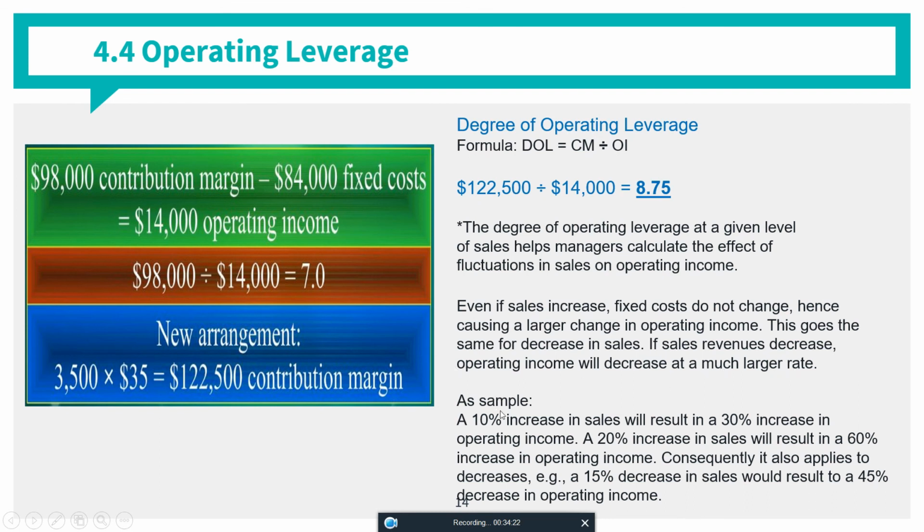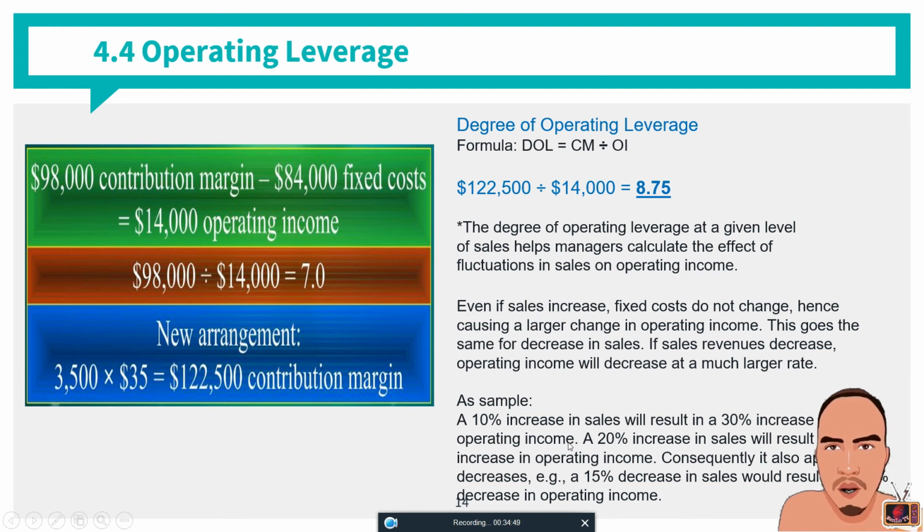For us to understand better, as an example, we have a degree of operating leverage of 3, meaning times 3. So a 10% increase in sales will result in a 30% increase in operating income.